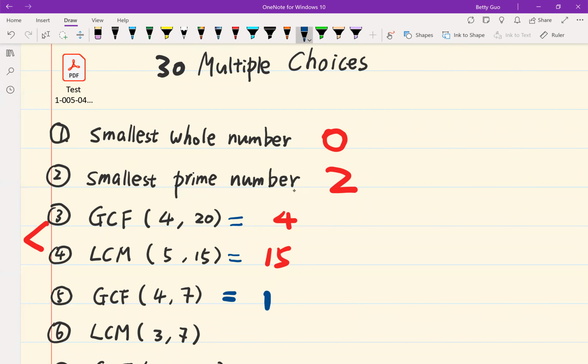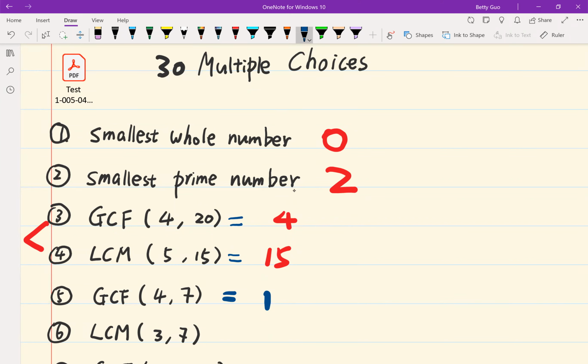So the greatest common factor is also 1. We know 4 and 7 are mutually prime, right? Mutually prime is the second special case, which we covered at the very beginning of this semester. If the two numbers are mutually prime, the GCF is 1 and the LCM is their product.